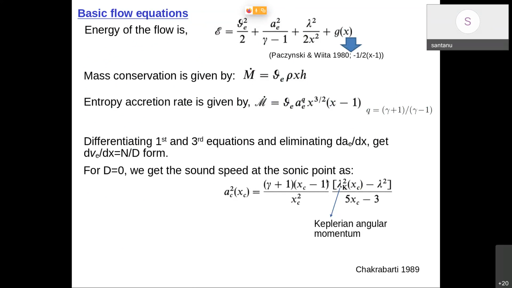As we can see from this expression, lambda_k is the Keplerian angular momentum, and lambda is the angular momentum of the flow. C stands for quantities at the sonic point. To get a physical solution, lambda_k should be greater than lambda. That means the flow spiraling around a black hole is sub-Keplerian, and not necessarily always Keplerian.